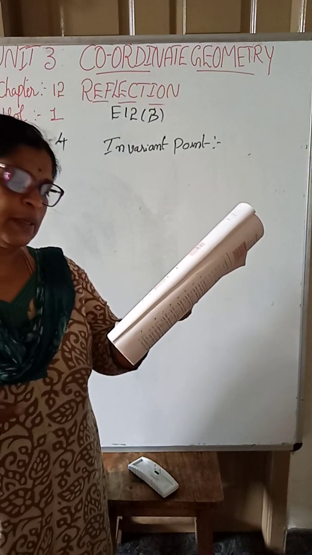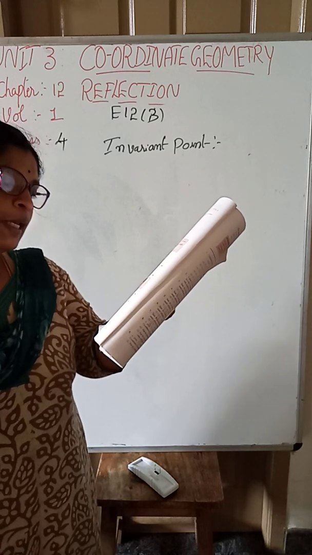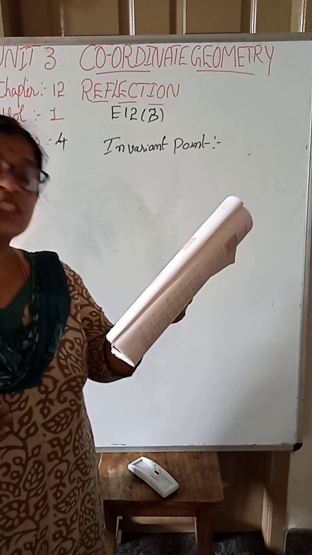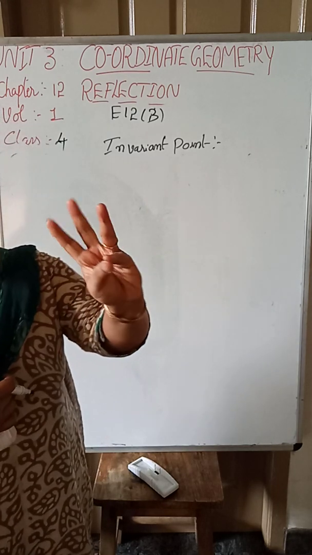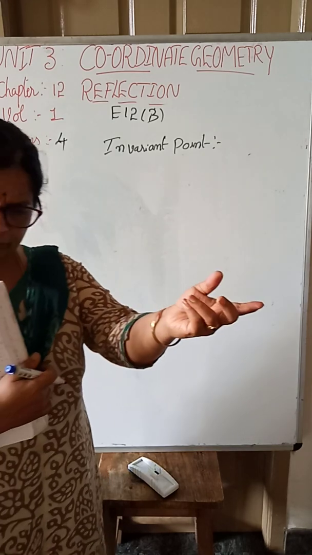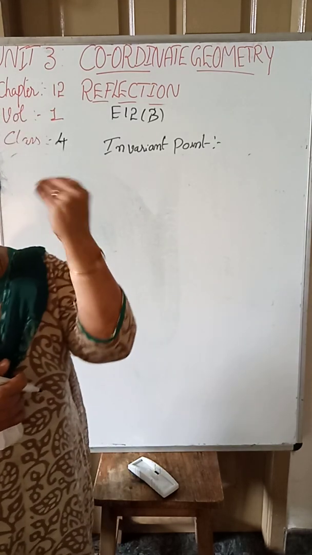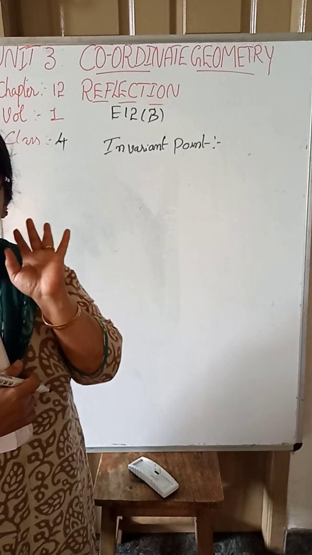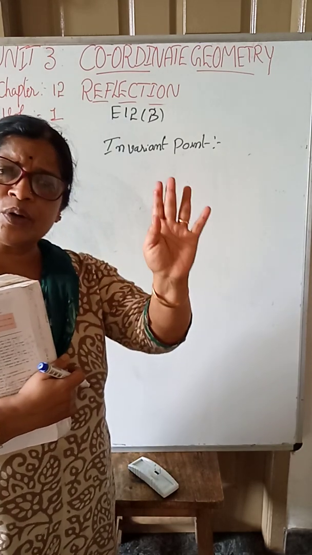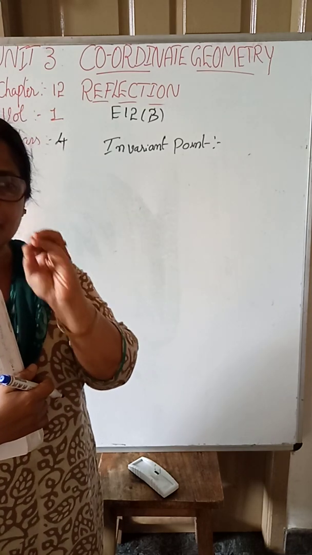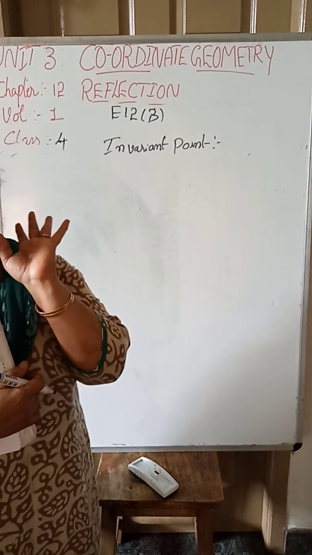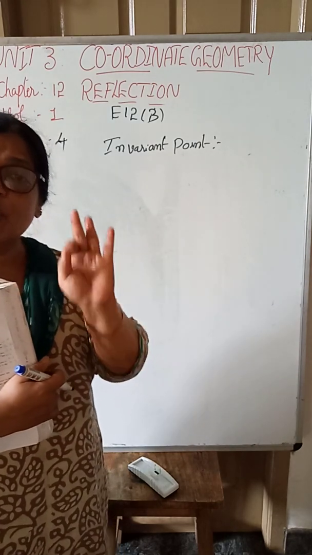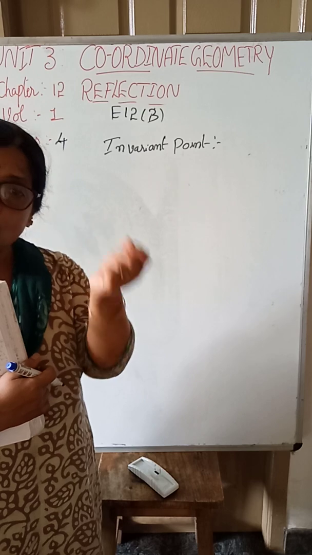Page number 164. Any point that remains unaltered under a given transformation is called invariant, whether it is reflection in the x-axis, the y-axis or the origin, whatever it may be. When the point is unaltered, the number never changes, but the sign changes; it remains the same as in the coordinate itself.